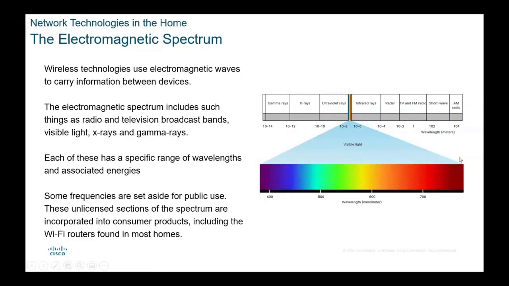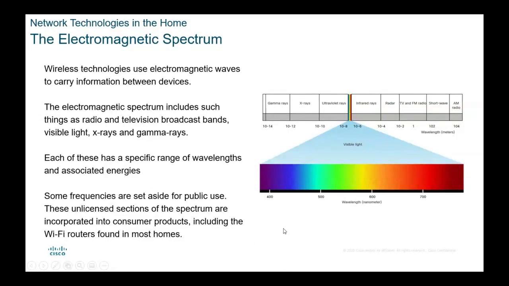And then somewhere in there, in the whole lot, is our 2.4 and 5 gigahertz range, which is what we use for Wi-Fi. Wireless technology uses electromagnetic waves to carry information between devices. And like I said, it includes all of these things. Some frequencies are set aside for public use, like your TV, radio. These are licensed sections of the spectrum incorporated into some consumer products.